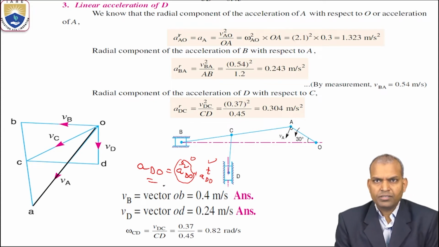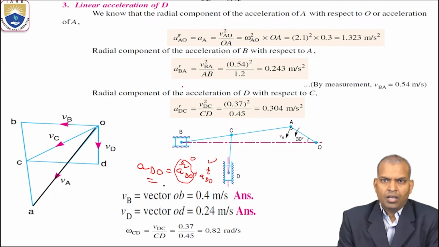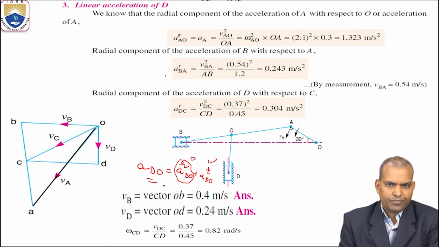Now in this case, let us see here. In order to draw the acceleration diagram, before that we have to calculate the known acceleration components. The known acceleration components from the velocity diagram are the radial components of various links. So let us begin.